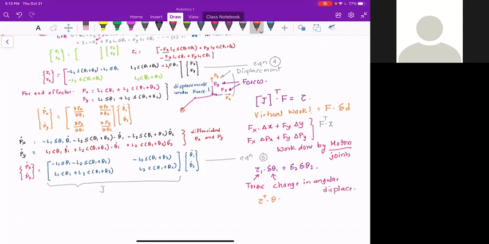In case you are wondering, F is Fx, Fy. What is tau? Tau is tau 1, tau 2.